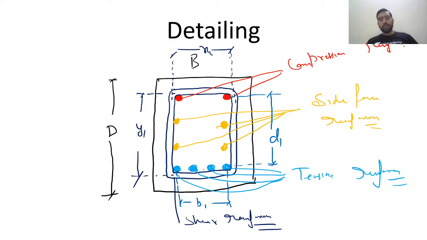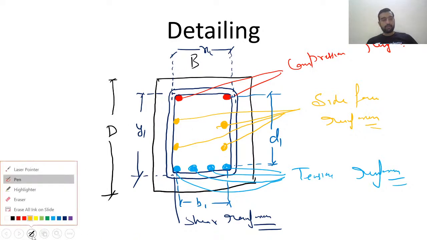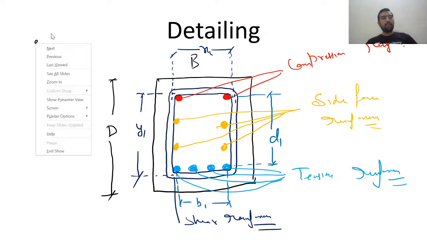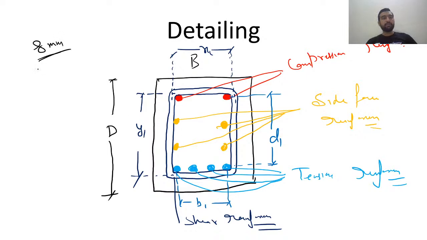So suppose you are calculating 0.1%, and you have adopted the 8 mm bar, and with that the number of bars is coming 5. So those 5 bars you cannot provide like this.